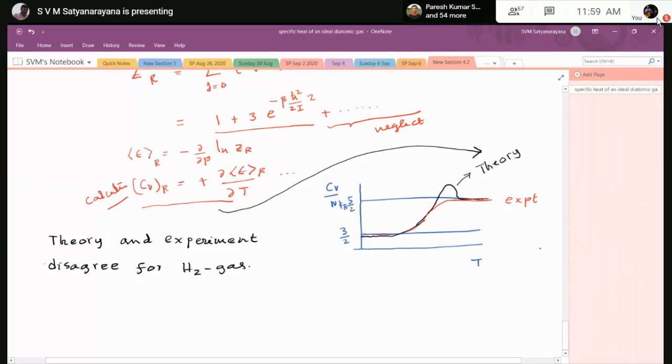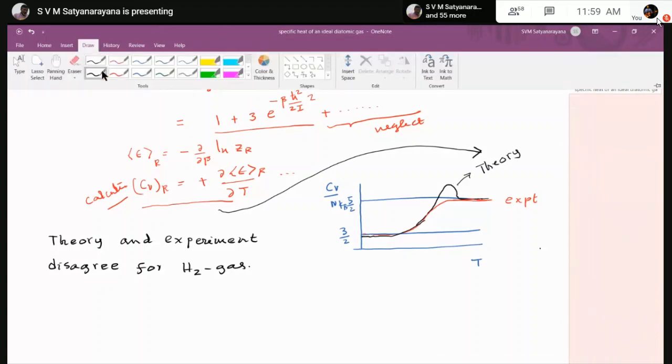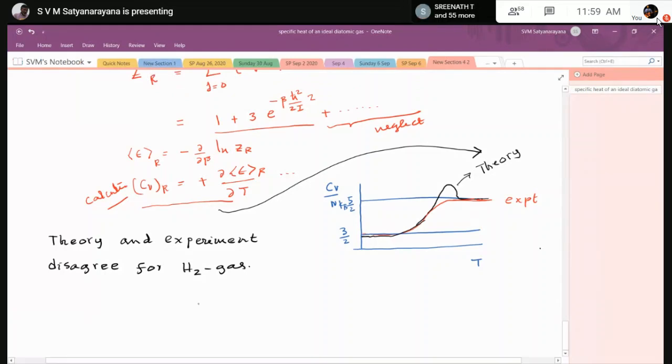Specifically when people looked at H2 gas, they found that theory and experiment disagree. The disagreement is exactly like what I have drawn here. Theory gives you some kind of a hump here and then falls, whereas experiment has a continuous fall. Okay, so now we have to understand why this is happening.